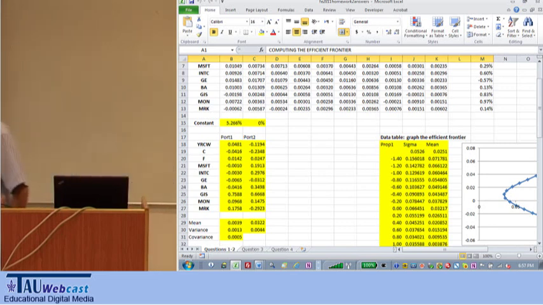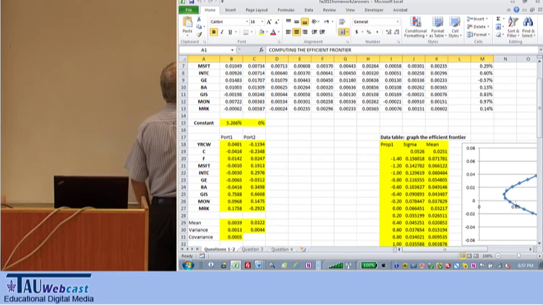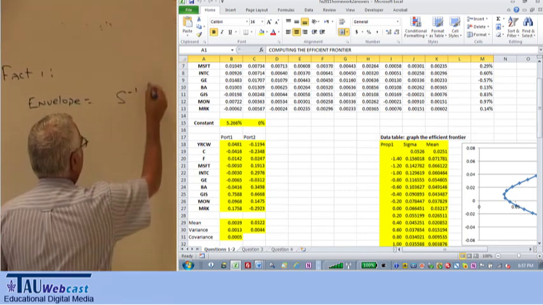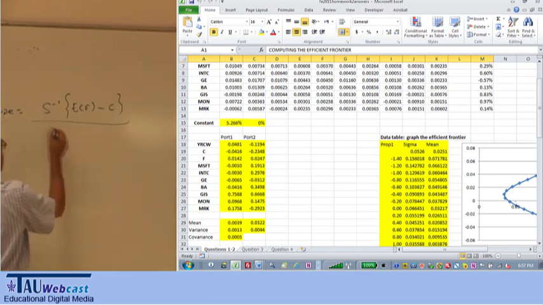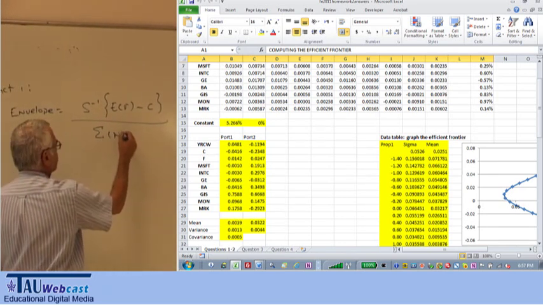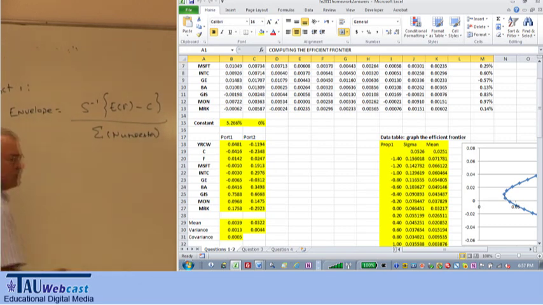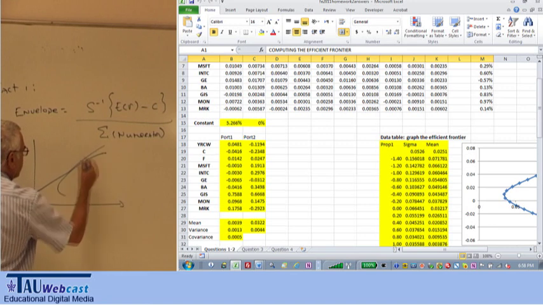And let me just remind you of this technique I showed you last week, right? I had fact 1 or proposition 1, which was that an envelope portfolio is S inverse times expected returns minus C, divided by the sum of the numerator. That's just a technique for finding this portfolio.